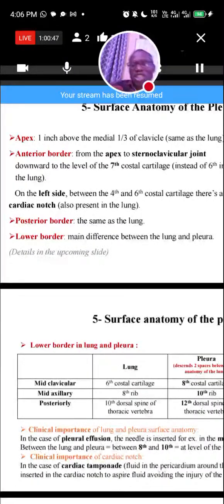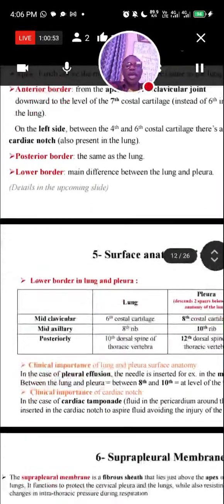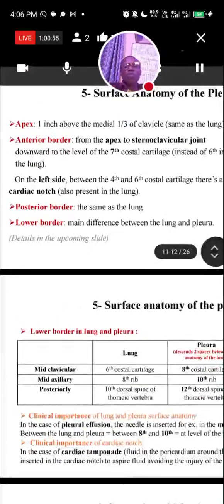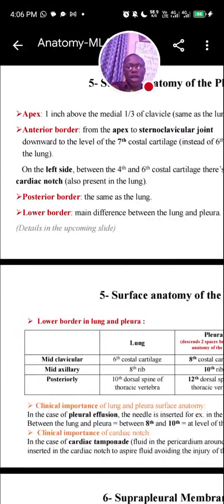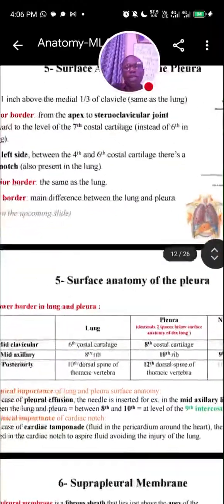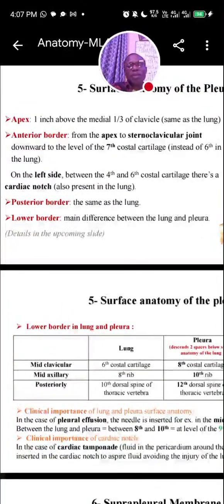So we continue. We said the pleura has, on the lower border, the main difference between the lungs and the pleura. Posterior border, the same as the lung.